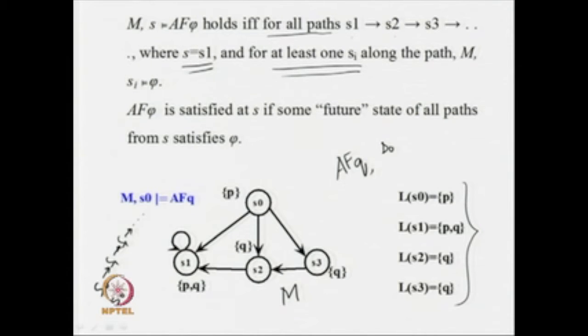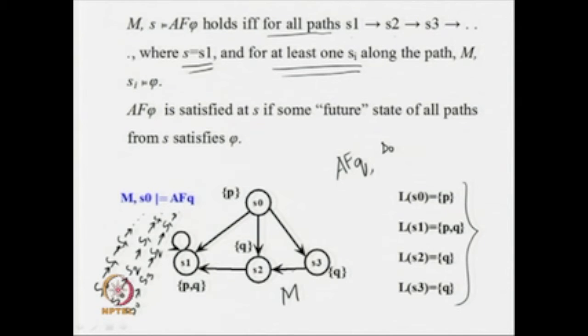Similarly, S0 to S2, then a transition from S2 to S1, and so on. In another path, from S0 we go to S3, from S3 to S2, from S2 to S1, and so on. So, these are the 3 possible paths.